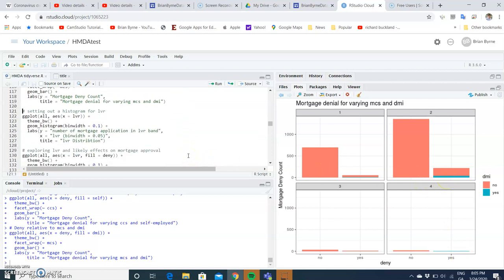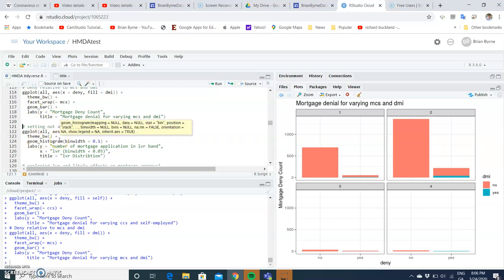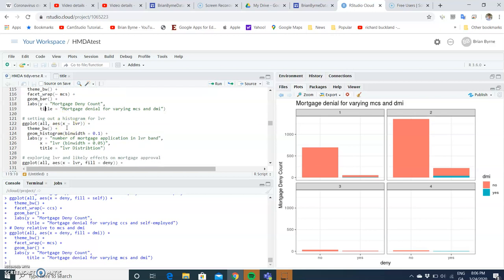We continue in a similar vein, but this time, instead of using bar charts as we've been doing with the ggplot syntax, geom bar, we'll use geom histogram. We want to look at this frequency distribution or histogram just to capture what the actual numbers were in terms of loan to value ratio. Loan to value is quite important when you're applying for mortgages.